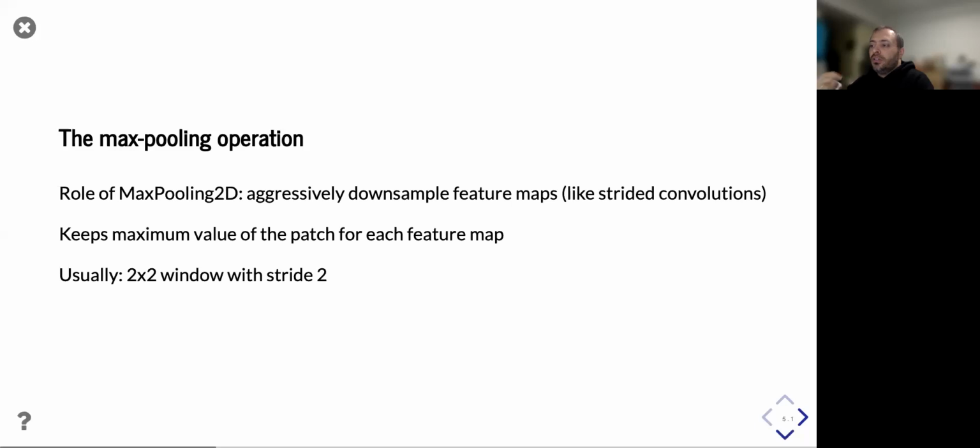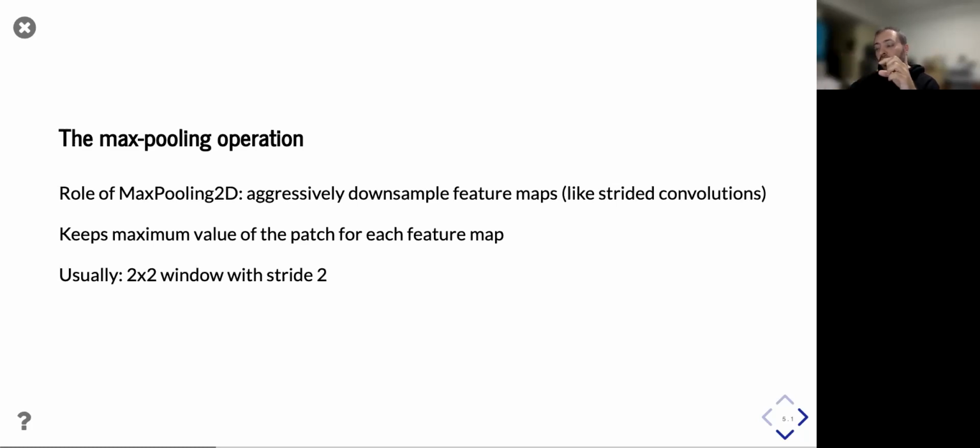So the role of the max pooling layer is that it will aggressively downsample the feature maps. So it's like the strides in the convolutions, but the idea is that it uses a fixed kernel that is the maximum. So whatever is the input, let's say we have a 2 by 2, which is the most common. For every 2 by 2 area, it will keep the maximum value.